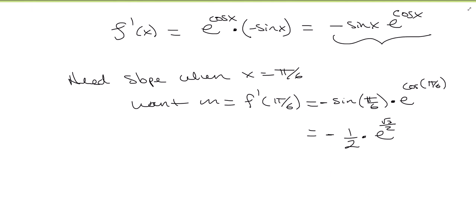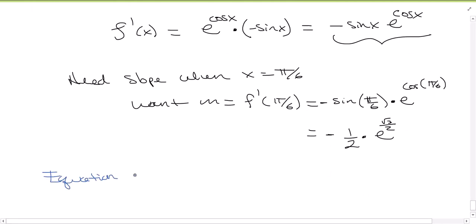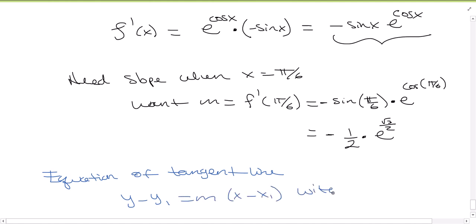So to find the equation of the tangent line, using our point slope form, y minus y1 equals m times x minus x1, now that we have our slope, m is negative 1/2 e to the root 3 over 2.